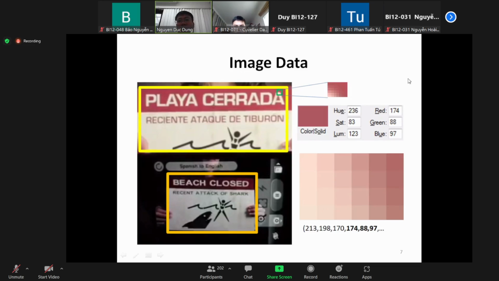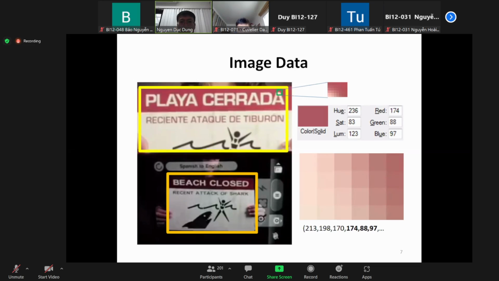The first thing I wanted to show in this picture is that what we see here is an entire picture of a warning board about a page being closed because of a recent shark attack, for example. That's what we see in daily life in a real environment.